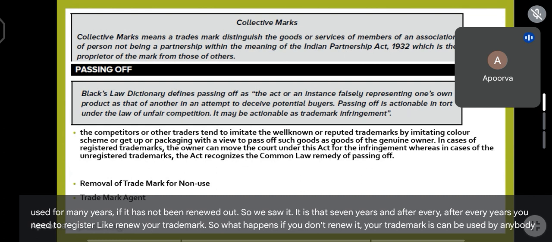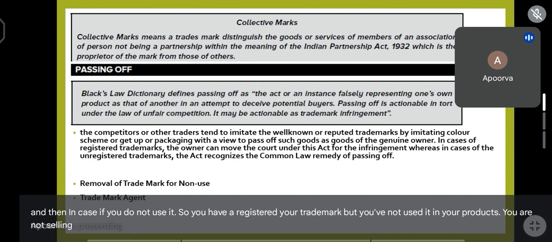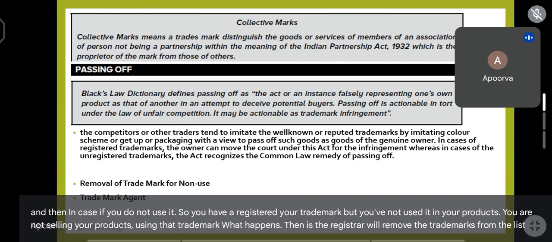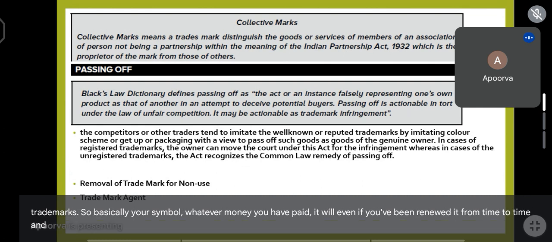And if you do not use it, so you have registered your trademark but you are not selling your products using that trademark, the registrar will remove the trademark from the list of trademarks. So basically your symbol, whatever money you have paid, even if you have renewed it from time to time and you're still not using it, it will be removed from the trademark registry.